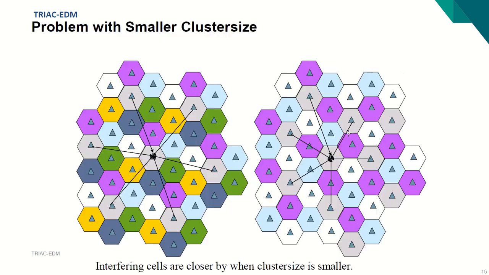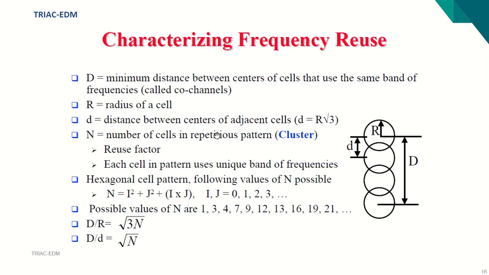Because we separate into hexagons, and by geometry, we know the distance between centers will be the square root of 3 times R. We can actually do the calculation by geometry, but we don't do the details here. So the distance between adjacent cells will be R multiplied by the square root of 3.